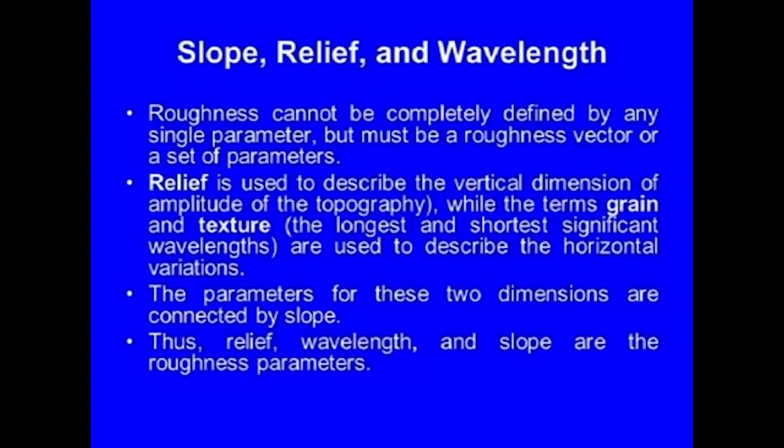Relief is used to describe the vertical dimension or the amplitude of the topography, while the terms grain and texture, that is the longest and the shortest significant wavelengths, are used to describe the horizontal variations. The parameters for these two dimensions are connected by slope. Thus, relief, wavelength and slope are the roughness parameters.